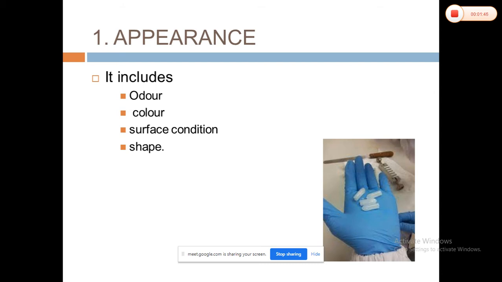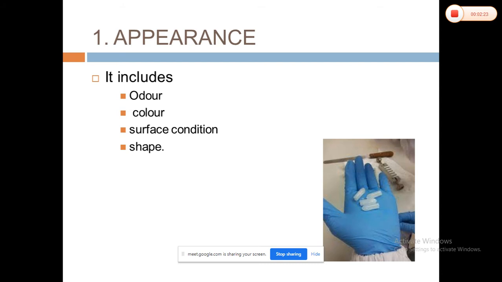For that purpose, you have to cut your suppository longitudinally and observe the internal as well as the external surface. On the basis of that, you can predict the structure or surface conditions of your suppository. This is our primary evaluation, like we carry out for other dosage forms, by just seeing the condition of the suppository with the naked eye.